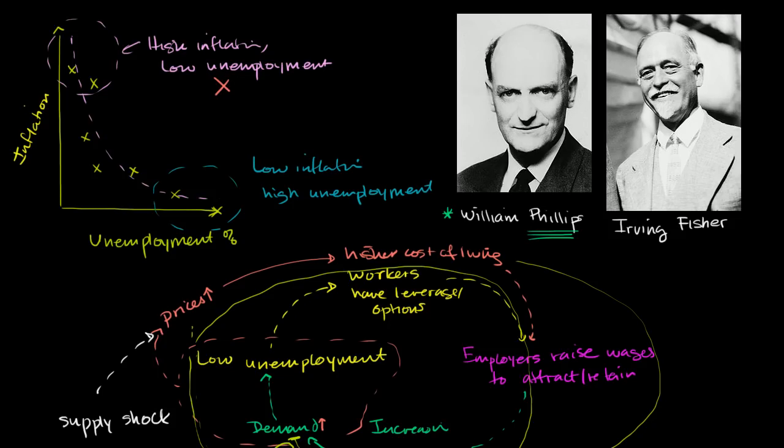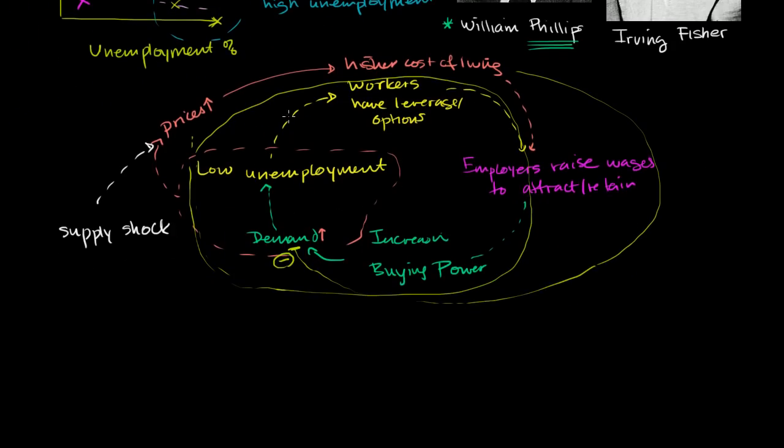That there was a situation in the 1970s where you had stagflation, and the opposite of that was what we really saw in the late 90s, where you had relatively low inflation and you had relatively low unemployment. So this is a very good situation that we had in the late 90s. And the argument that many people make for why we were able to do that, why this cycle didn't keep going on, why the prices didn't go up, is that you had this other trend of huge technological improvement.